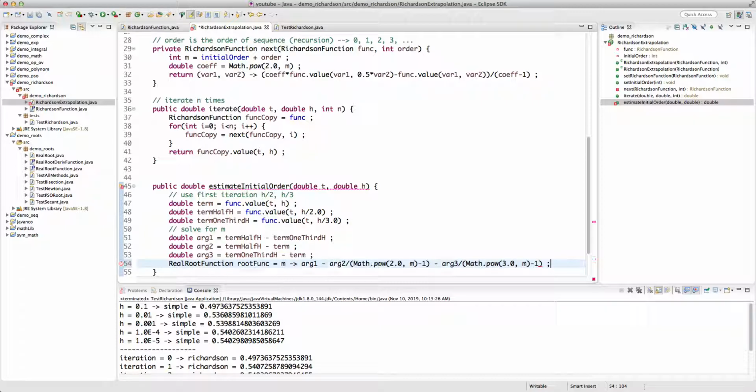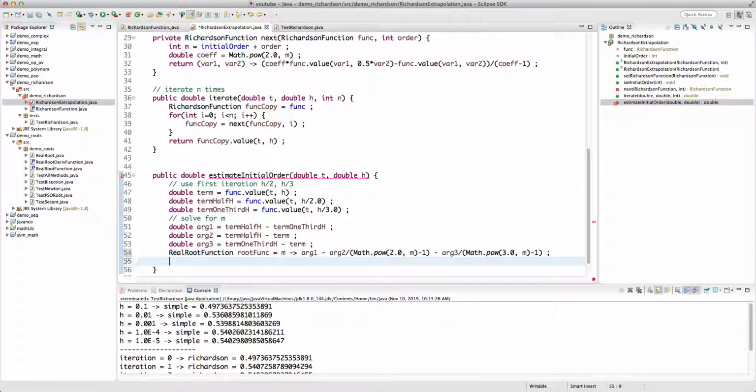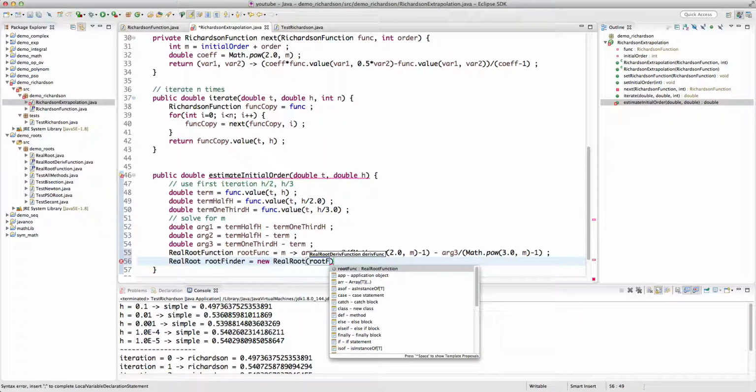All right, and then we're going to create a real root finder, we'll call it root finder, new real root, and pass in our root function.